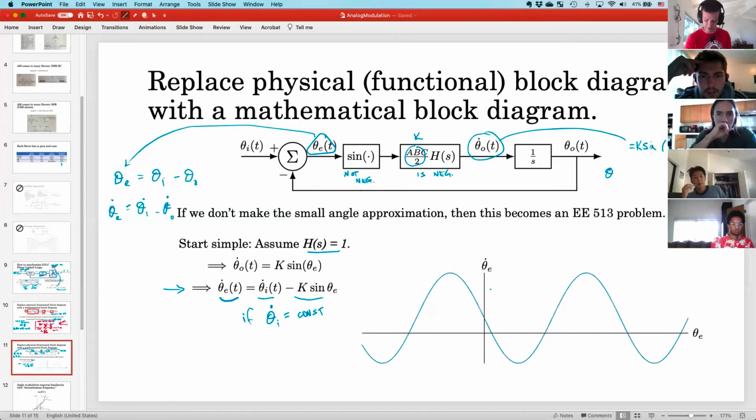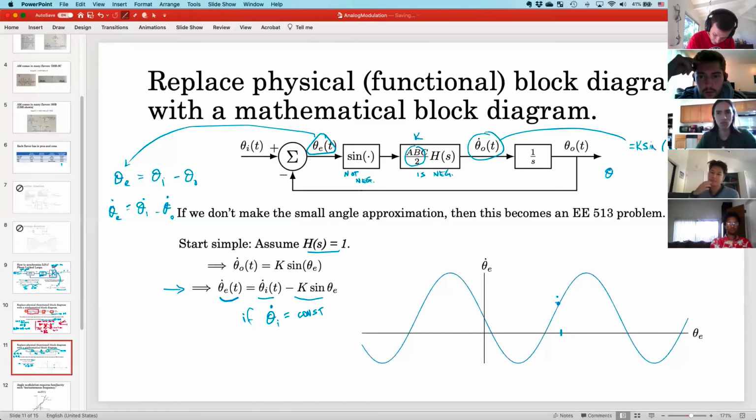So you tell me that the theta error is this number. I look up and I see that the rate of change of theta error is a positive number. So what does that tell me? At the next time instance, what is theta error going to be, larger or smaller than what it just was? Larger. Good.